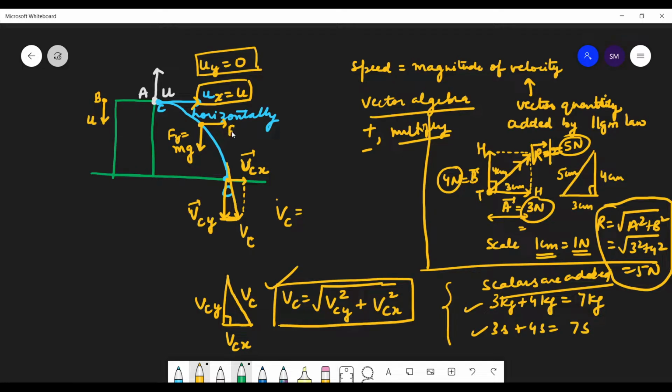Force in x direction, Fx, is 0. There is no force in x direction. So the magnitude of force in x direction is always 0 in the air.